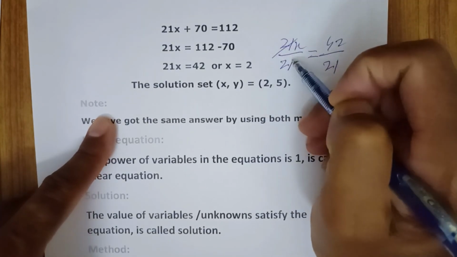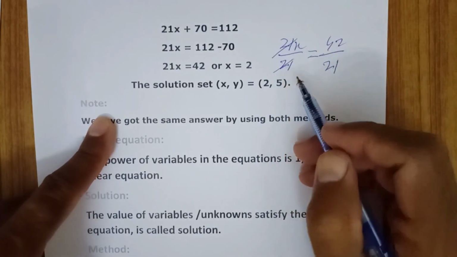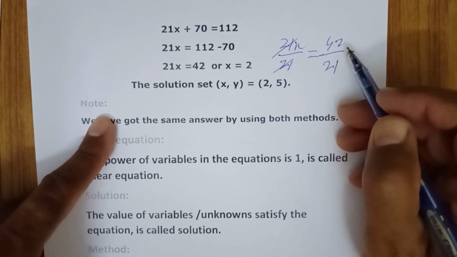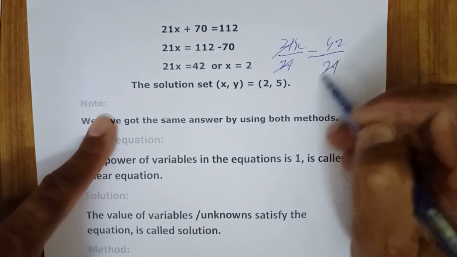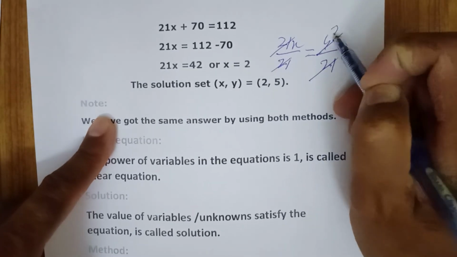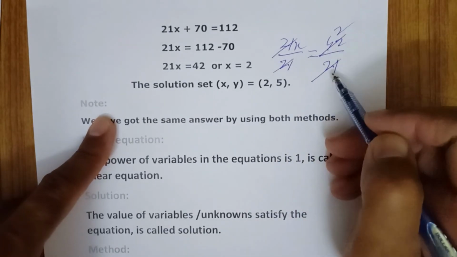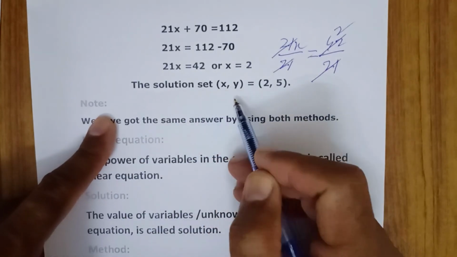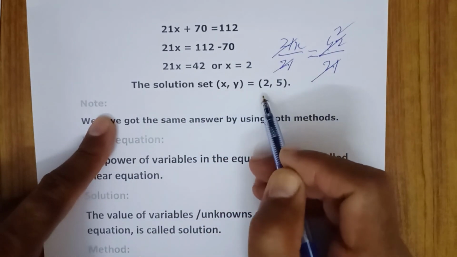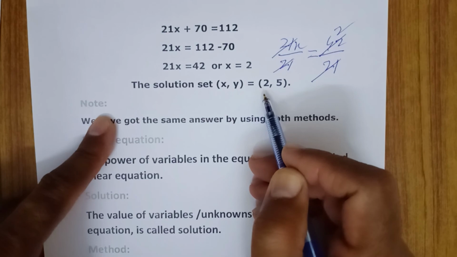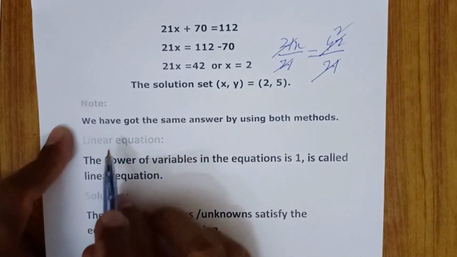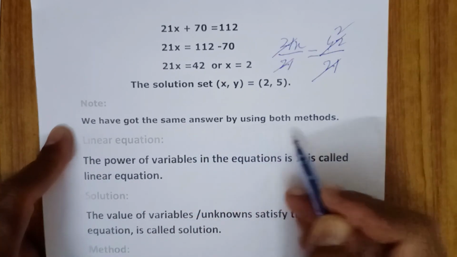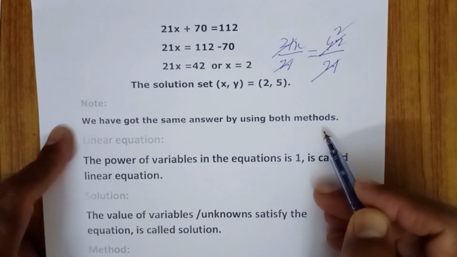So 21 cancelled with 21, and 42 divided by 21 means x is equal to 2. So the solution is x is equal to 2 and y is equal to 5. Note, we have got the same answer by using both methods.